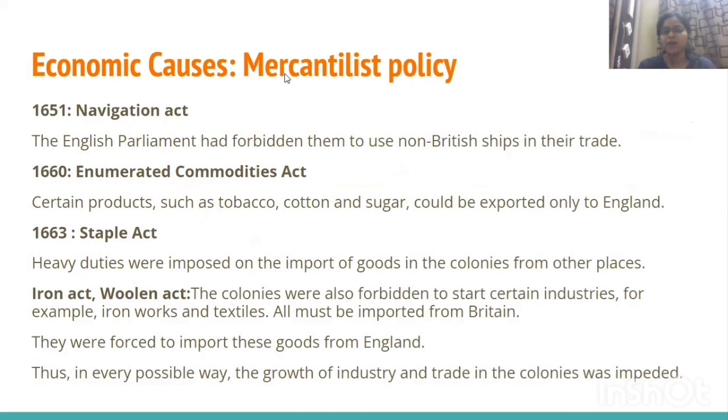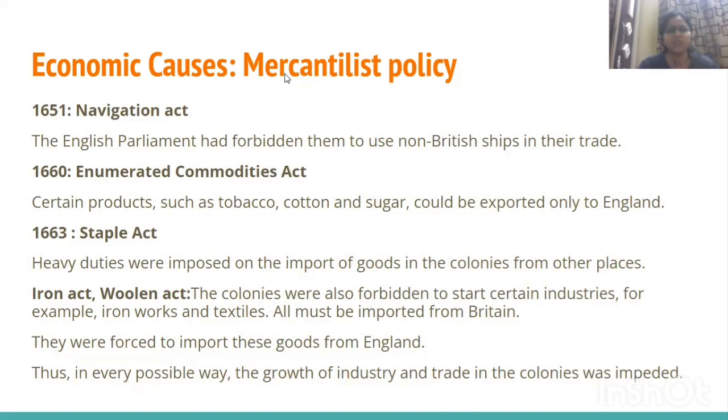Iron Act, Woolen Act: those industries which were well established in Britain, colonists were not allowed to start. It means that if they wanted ironworks or woolen textiles, they had to import only from Britain. So all these policies in a way supported and promoted the British economy.